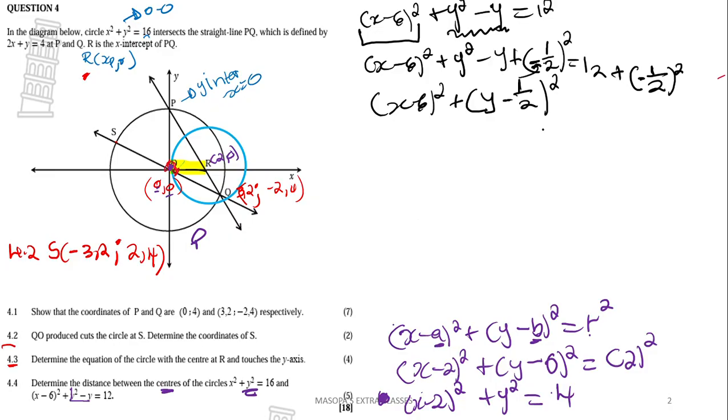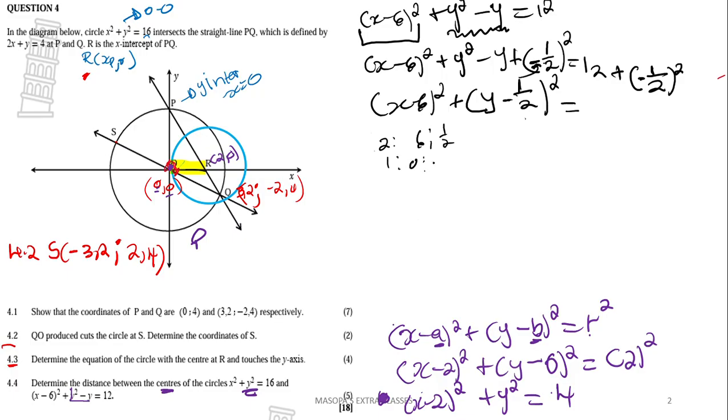That is equal to this section, which doesn't matter, because we're looking for the coordinate of the center. So for the circle center, our coordinate is (6, 1 over 2) for the second center, and we know the first one is (0, 0).